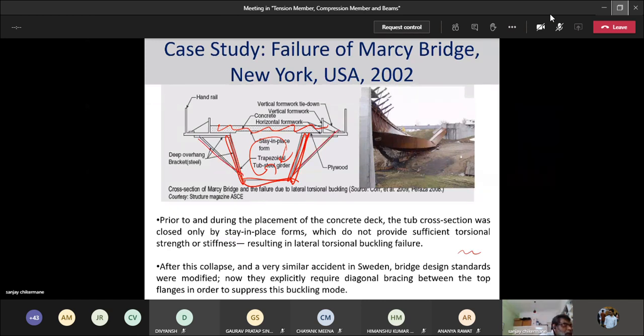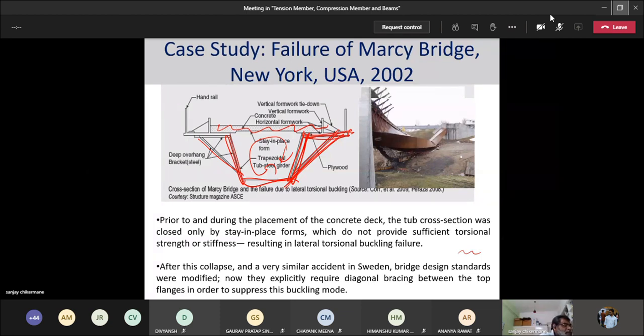So basically the shuttering was being done from the section itself. You ended up having a stay which was holding this plywood in place, and that was being used as your system to cast this concrete deck.